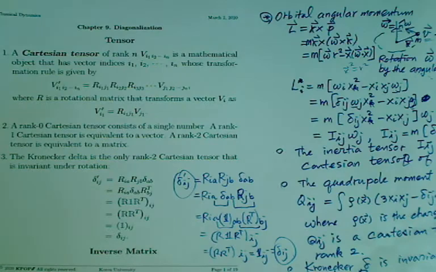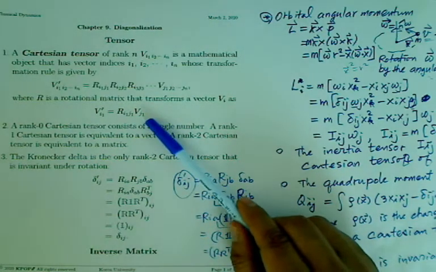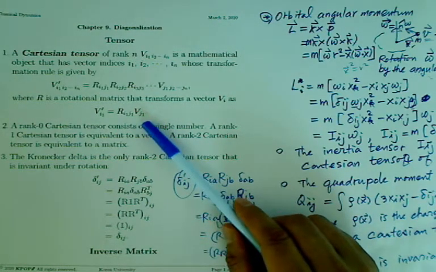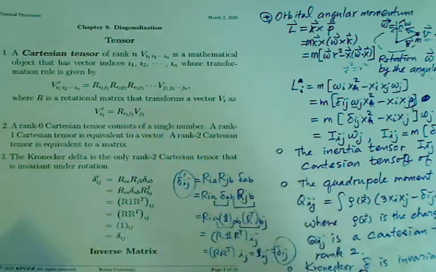The transformation rule for a vector is given here, and a Cartesian tensor has n vector indices, where n is the number of indices as well as the rank of the Cartesian tensor.